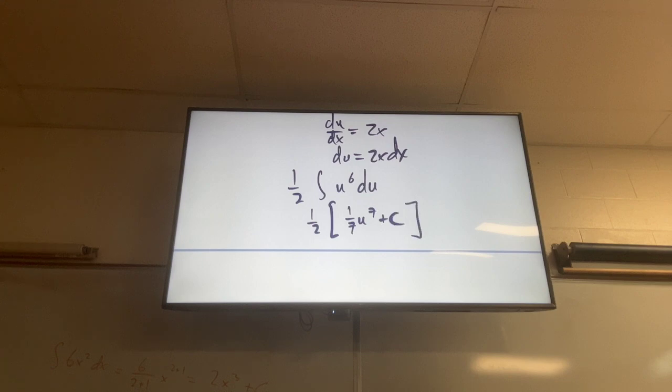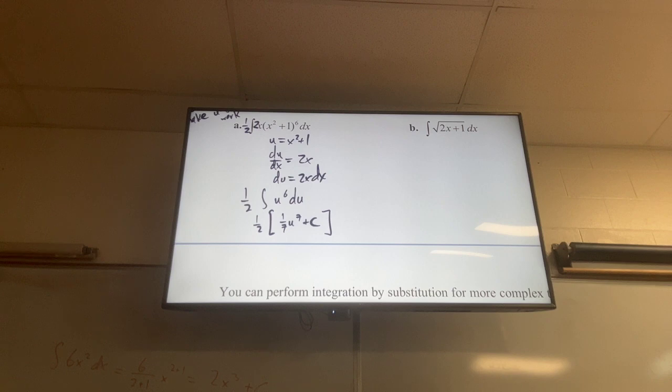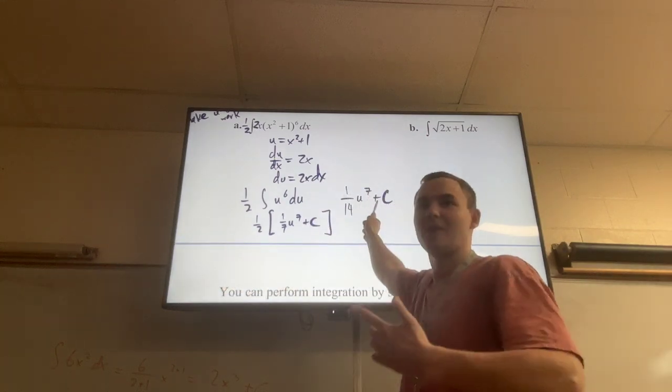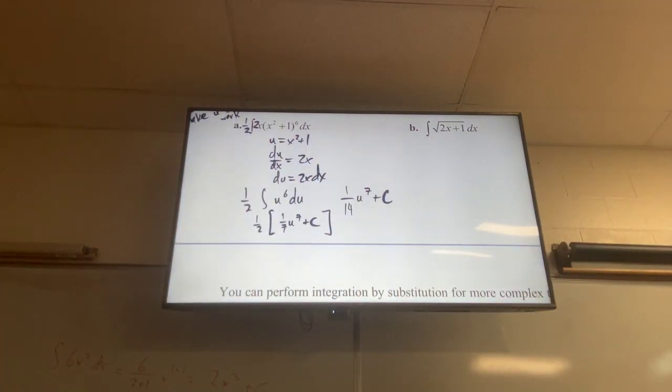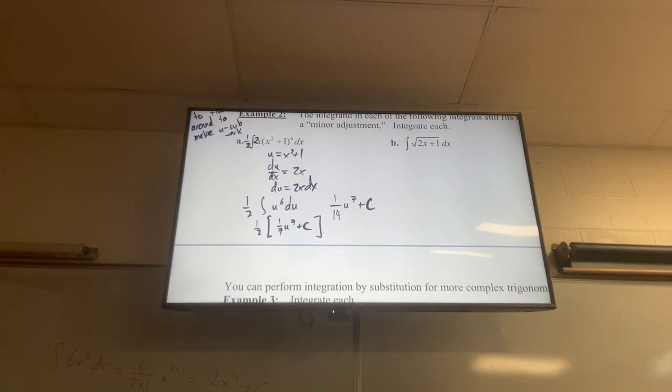And then that becomes 1/14 u to the 7th plus c. Do you guys see when I distribute 1/2 times c, I can just rewrite it as c? It's an arbitrary constant. And then plug your u back in. You get 1 over 14 times x squared plus 1 to the 7 plus c.